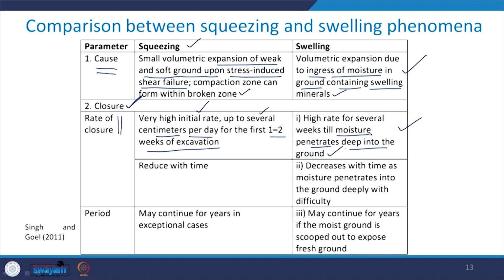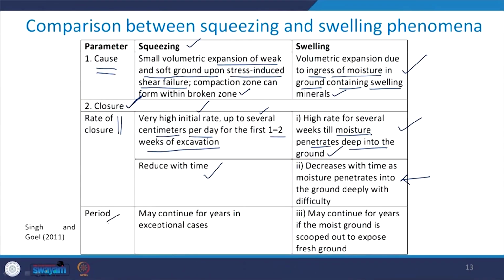Rate of closure in case of the squeezing ground condition reduces with time, and in case of the swelling condition it decreases with time as the moisture penetrates into the ground deeply with great difficulty. The next aspect is the period of this closure.